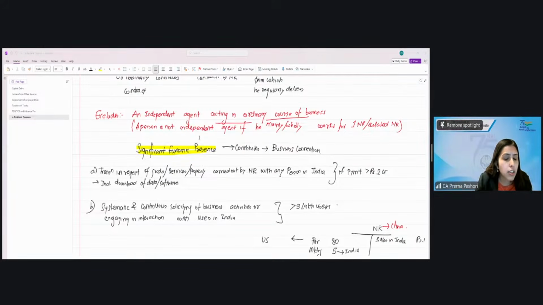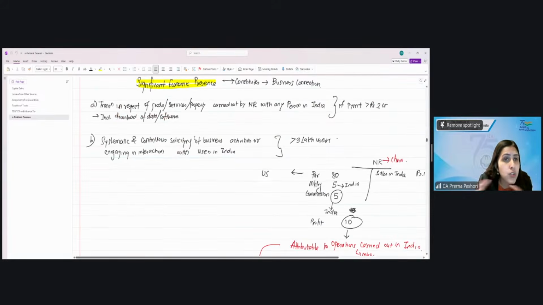Or you have been engaging with more than 3 lakh users in India, then you constitute the significant economic presence. Okay?